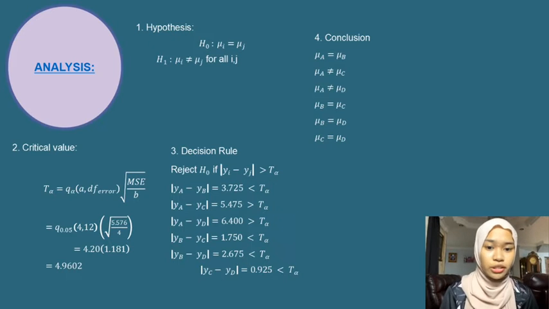Next, for the decision rule, we reject H0 if the mean difference is greater than the critical value. So we can conclude that there is significant difference between the means of pair AC and AD. However, we found out that there is no significant difference with other pairs.